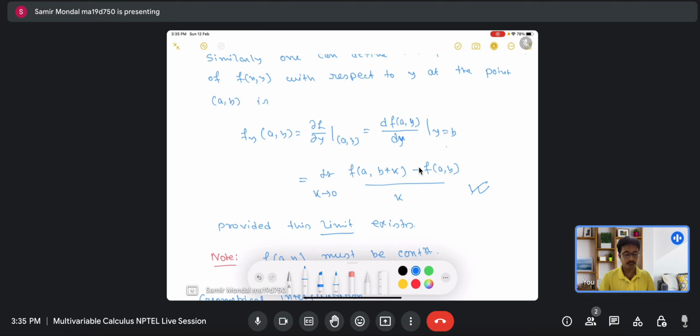So here we plug in x equal to a, then we get a one variable function, then we take the derivative of that function with respect to y. After that we will put in the y equal to b value. Same things here we will do.